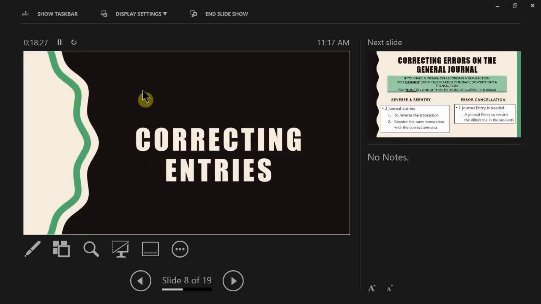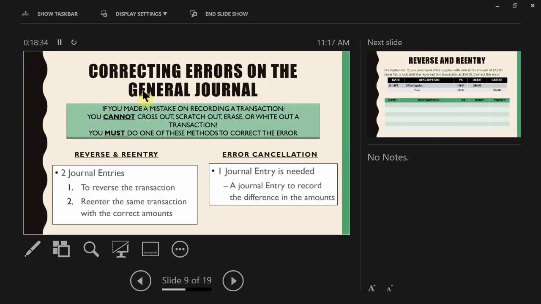Now we're going to be moving into correcting entries. Oftentimes if you are a newbie, or even a long-time person who's been journalizing for years, you will incur minor mistakes in journalizing.